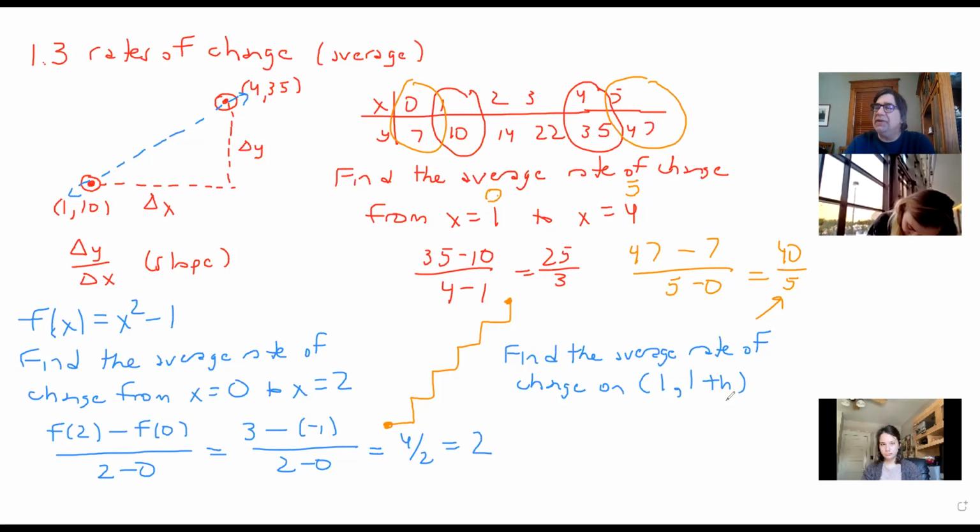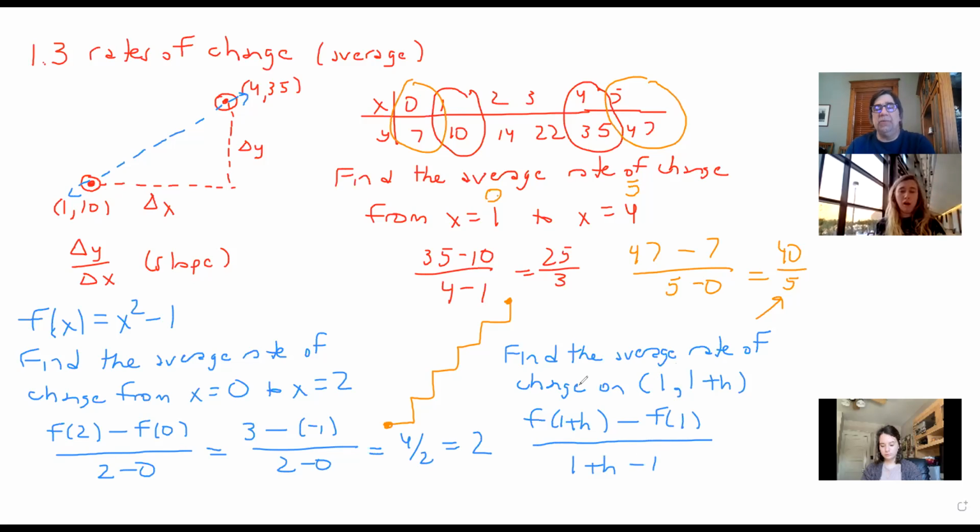First thing you're probably thinking is, what's h? It's an unknown. So if you follow the same steps as you did here, this is the second output. It's this number right up here. This is the first output when x is 1. That's this number right here. And then in the denominator, you're doing the difference of the x's: 1 plus h minus 1.